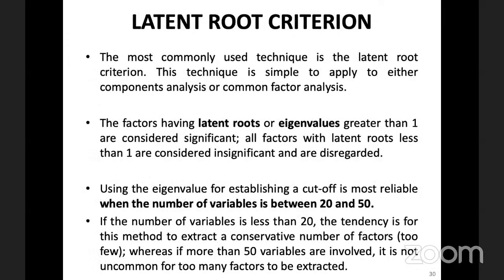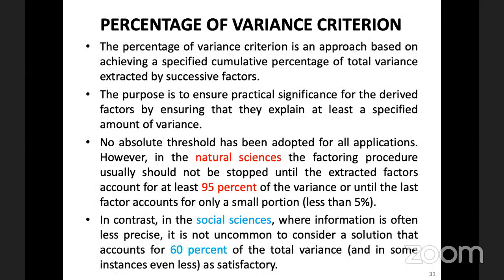Second is the latent root criterion, which is called the eigenvalue criterion, and normally the authors say that if an eigenvalue is 1 or more than 1, you can take these many factors. The normal length of factors should be between 20 to 50. And if we talk about how much variance these factors are explaining, it depends upon different areas of study.